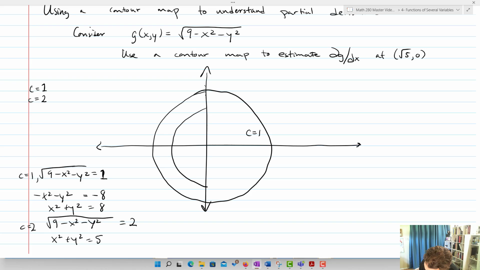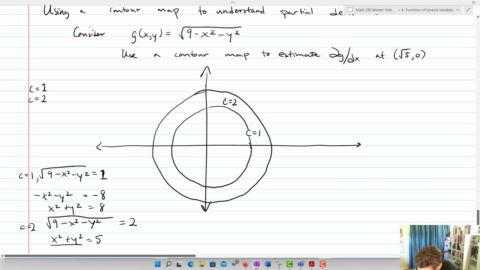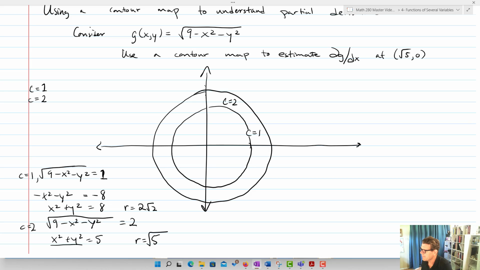We'll draw our contour like that, and that's c equals 2. Notice that x squared plus y squared equals 5 has radius r equals square root of 5, and for x squared plus y squared equals 8 the radius is 2 root 2. Those are our two radii.